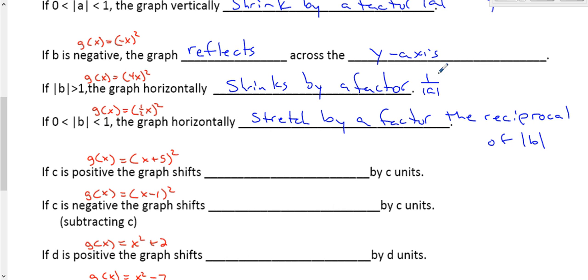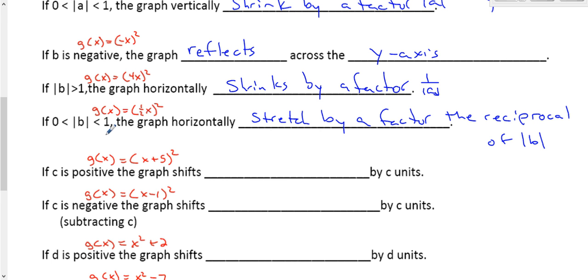So really up here, same thing, the reciprocal. So 4, 1 over 4. Here, 1/2, the reciprocal would be 2. So in my example with g of x equals 1/2 x squared, this would stretch by a factor of 2.